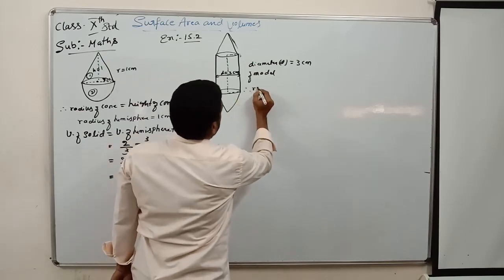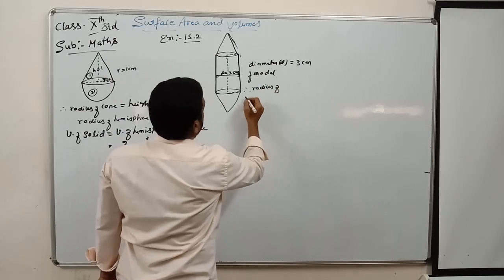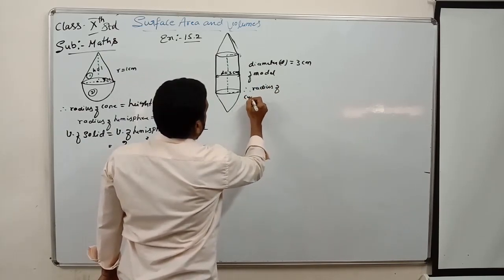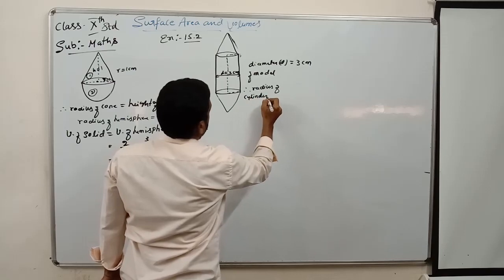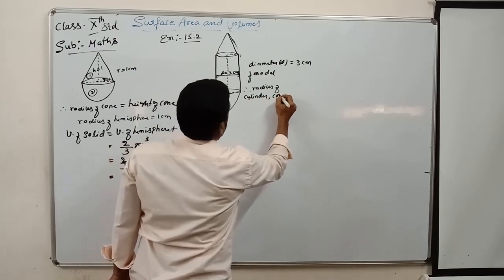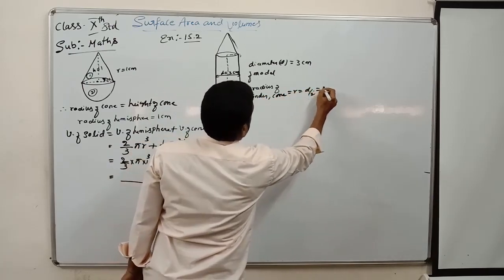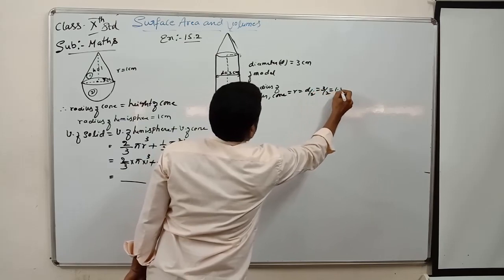Therefore the radius of the cylinder and cone is r equal to d by 2. So 3 by 2 is nothing but 1.5.